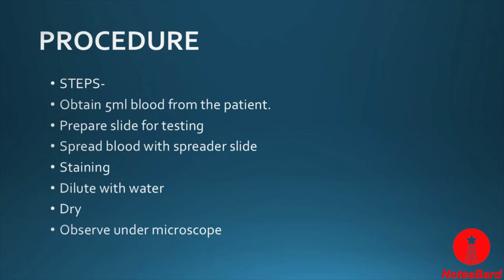After drying, it is observed under the microscope for different types of abnormalities, like the number and shape of the different blood cells, including RBCs, WBCs and platelets. This is the procedure for the blood smear test, which can be performed by any technician or physician.